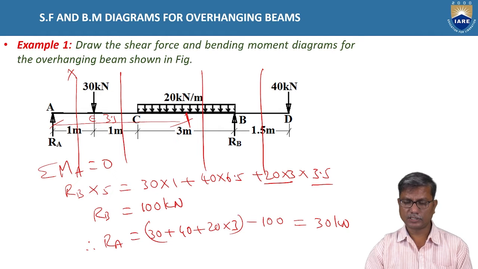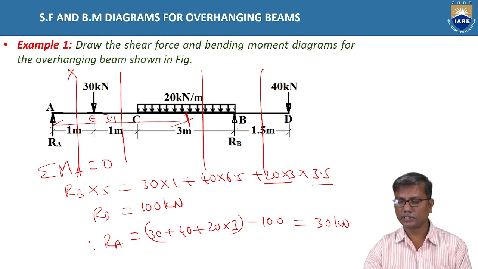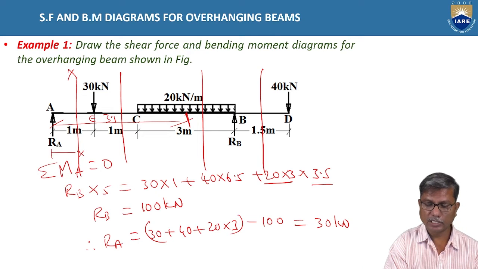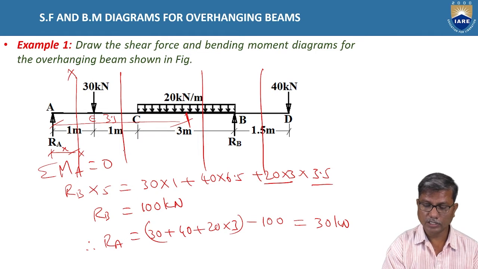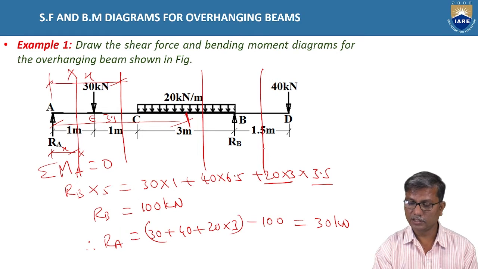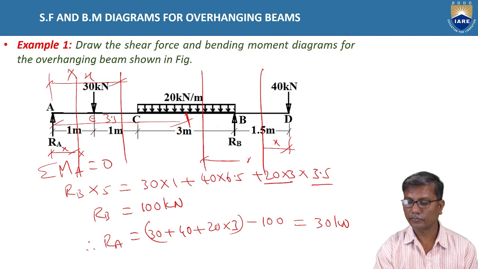E and C, one section. C and B, one section. B and D, one section. For the sections between AE and EC, we take origin from A, and for the other two sections, we will take origin from B. That is for our convenience.